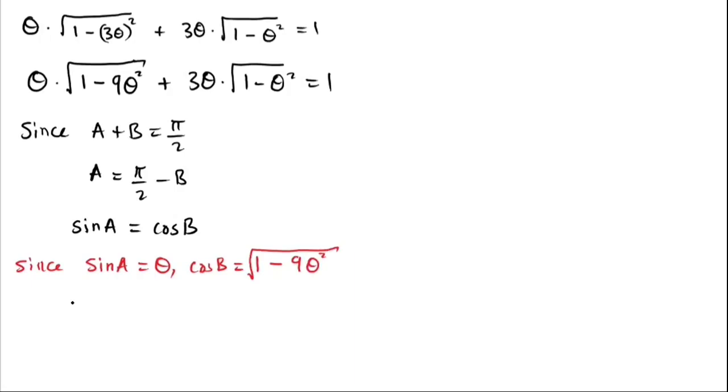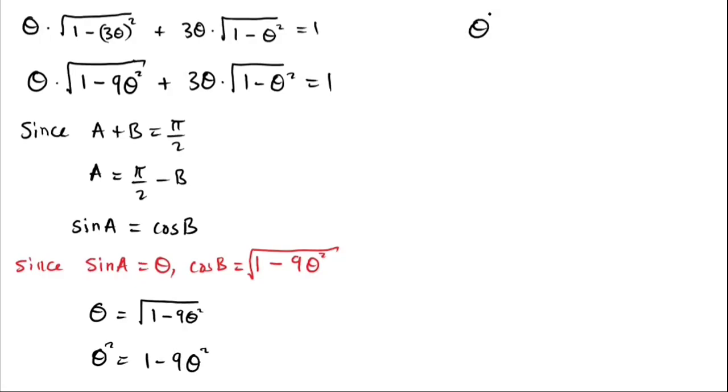So if that's the case, I can now replace by saying theta is equal to the square root of 1 minus 9 theta squared. Now it's made simple because we can easily square both sides. If I square both sides, on the left hand side I'll have theta squared, and on the right hand side I'll have 1 minus 9 theta squared.